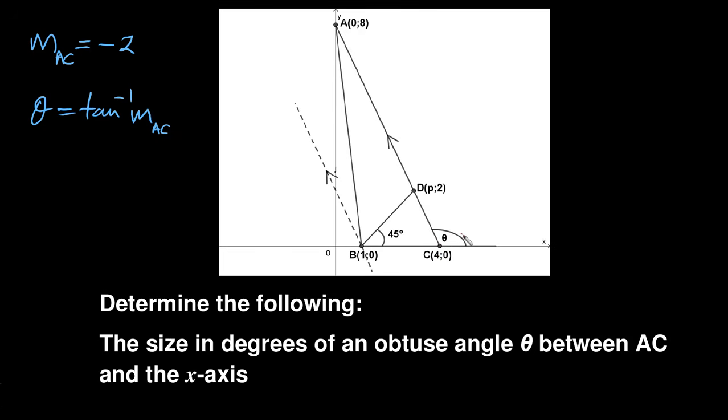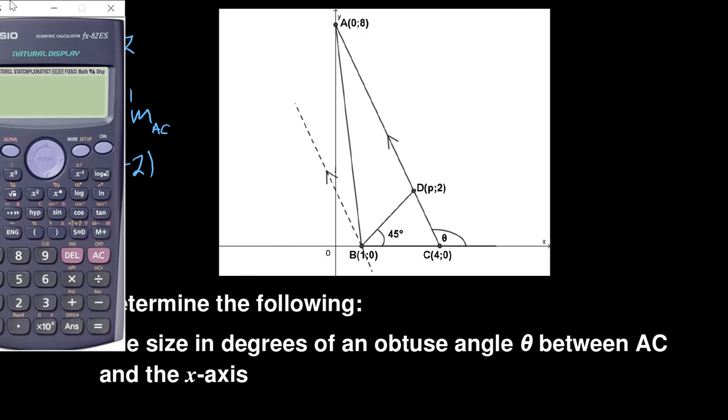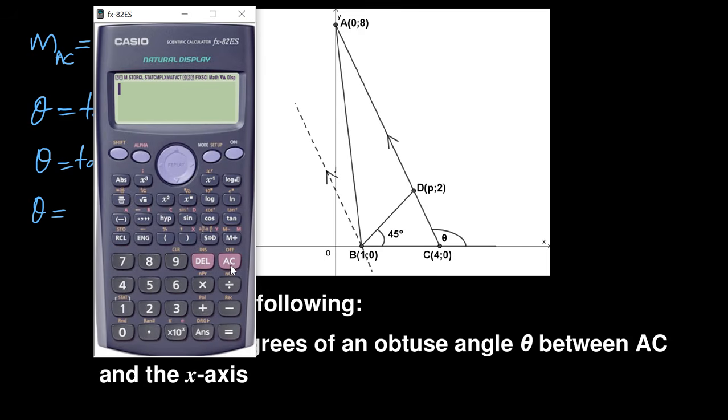That is the one that can help us to find that angle theta. So now if I substitute, theta is equal to arctan, and my M is -2 in this case, so you can say shift arctan -2.